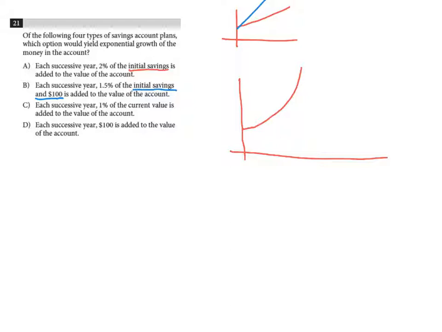Well, the current value is increasing, so 1% is going to be more each successive year. So the rate of change will increase. So the answer is going to be C. We'll just read D. Each successive year, $100 is added to the value of the account. All right, that will also be a linear increase.